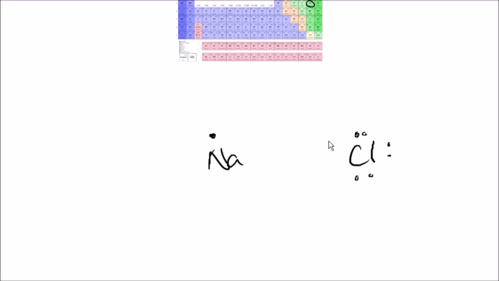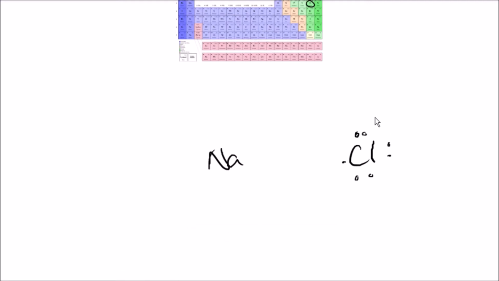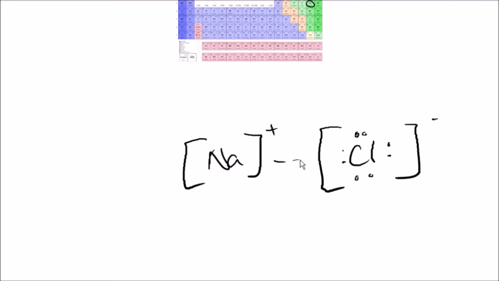It really wants that electron from the sodium. So sodium will give up its electron, and chlorine is going to take it. So now chlorine is negative. It's more negative than its stable state, and sodium is positive. Now this creates an ionic bond.